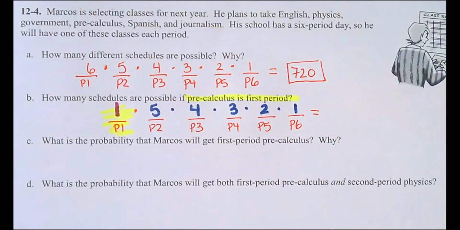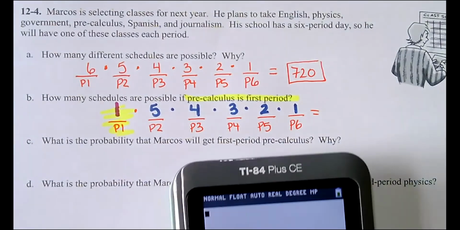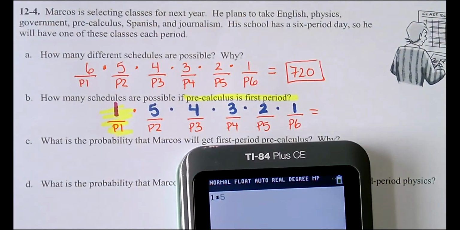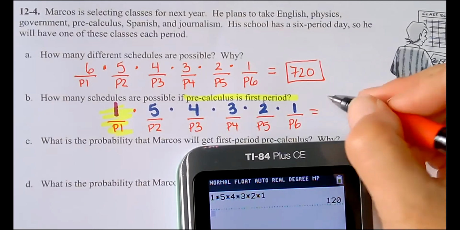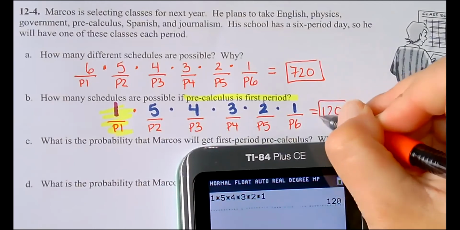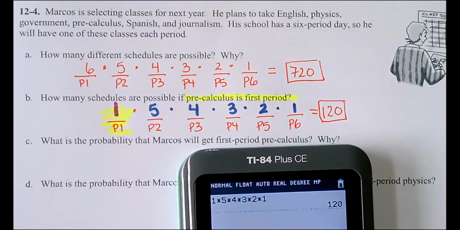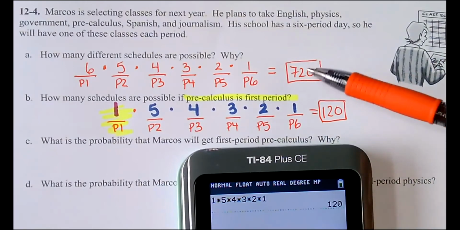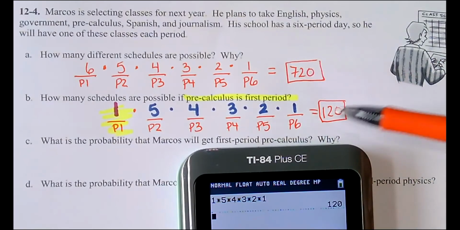So now we are going to multiply this out. 1 times 5 times 4 times 3 times 2 times 1, we end up with 120. So if he needs to have pre-calc period 1, that shrunk down how many different schedules he could have. Now he only has 120.